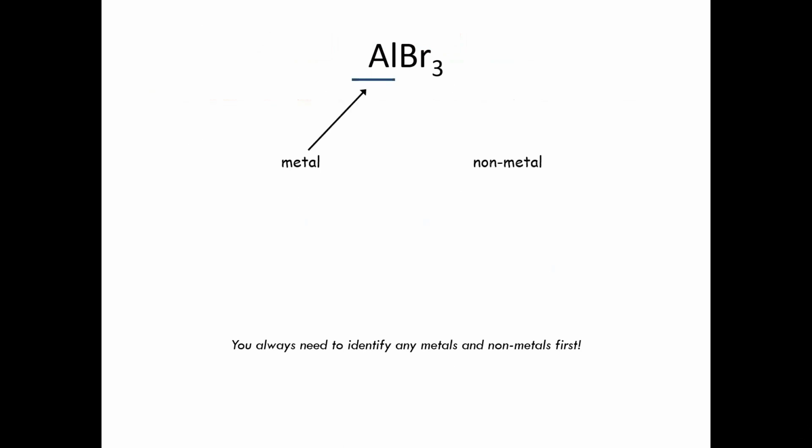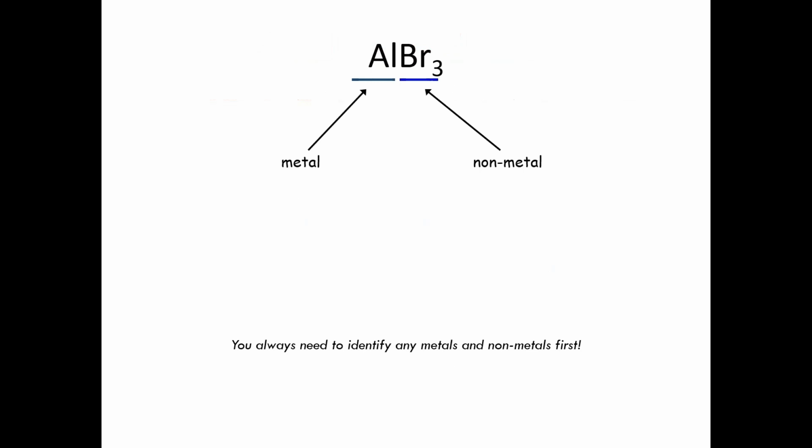The first compound we have is composed of aluminum and bromine. You always need to identify the metal and the nonmetal first before you can identify this compound as being either ionic or covalent. And so we know that aluminum is of course a metal and bromine is a nonmetal. Now at first glance, you're thinking, oh, this must be an ionic compound.